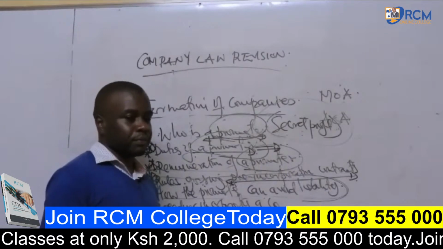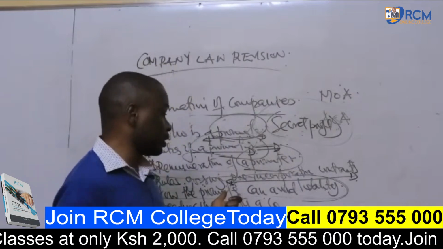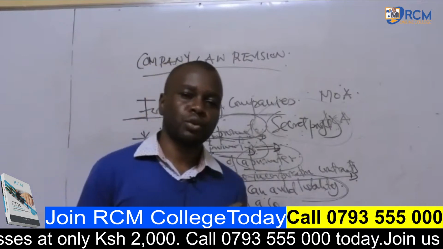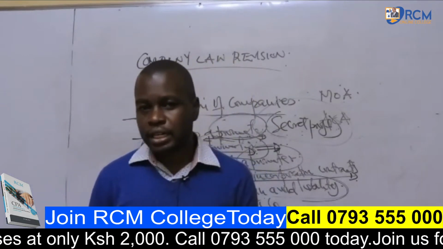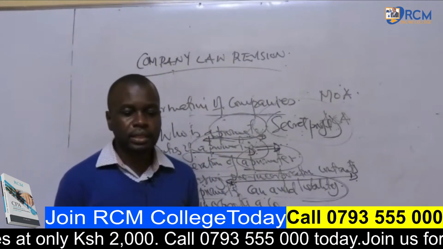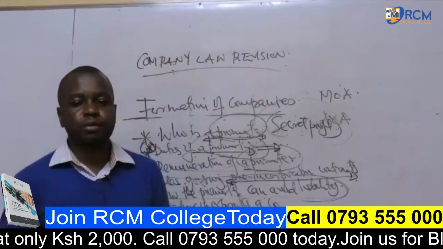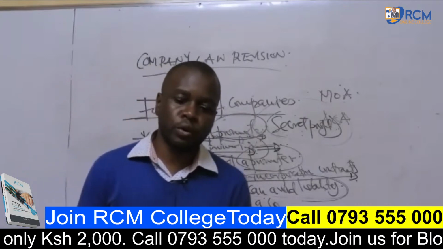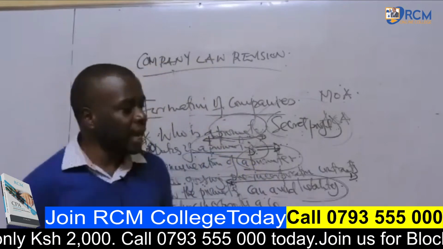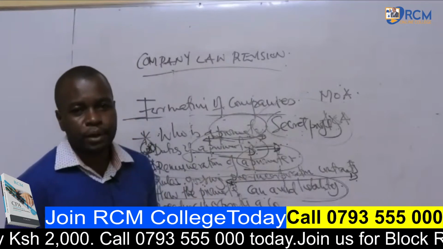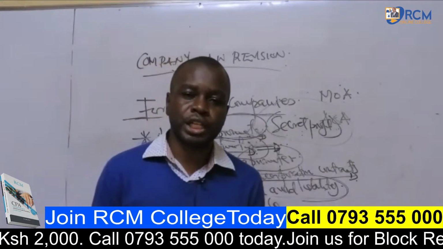Number three, enter into these pre-incorporation contracts with the assurance that he will be the majority shareholder and director of the company, such that in case this particular contract is to be ratified or approved after formation, it will be very easy, because he is the majority shareholder. If he holds, for example, 90% of the shares, what can he do?